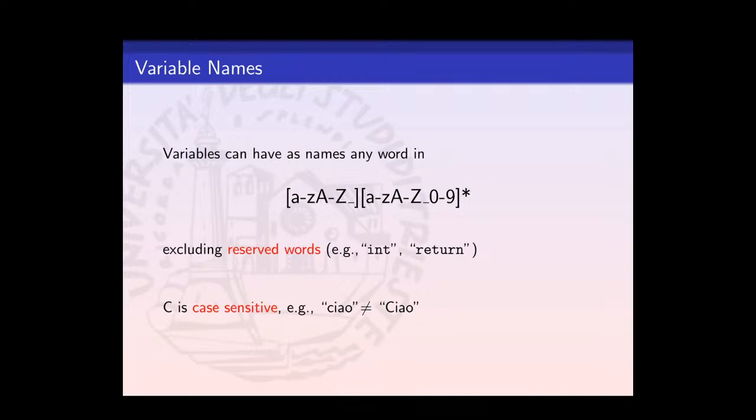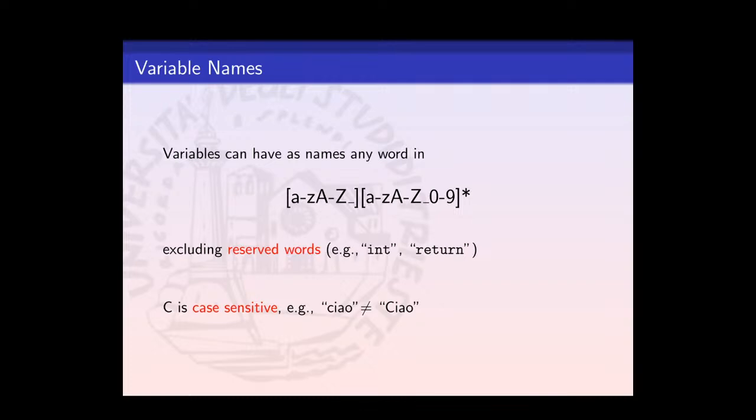So the first character in the variable name must not be a digit. And besides this simple rule, all the reserved words cannot be used as a variable name. What do I mean by reserved word?